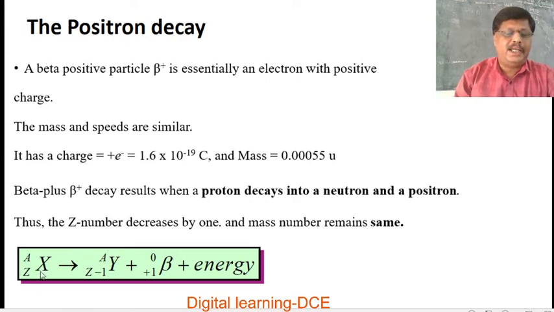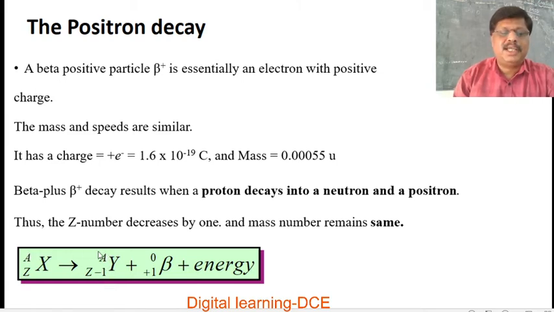So ZXA is the parent element. It gives rise to Z minus 1 YA plus a positron. That is beta plus decay, which releases energy. Here, a proton with an atomic number and mass number is converted into a neutron. A neutron has no atomic number, but it has a mass number.